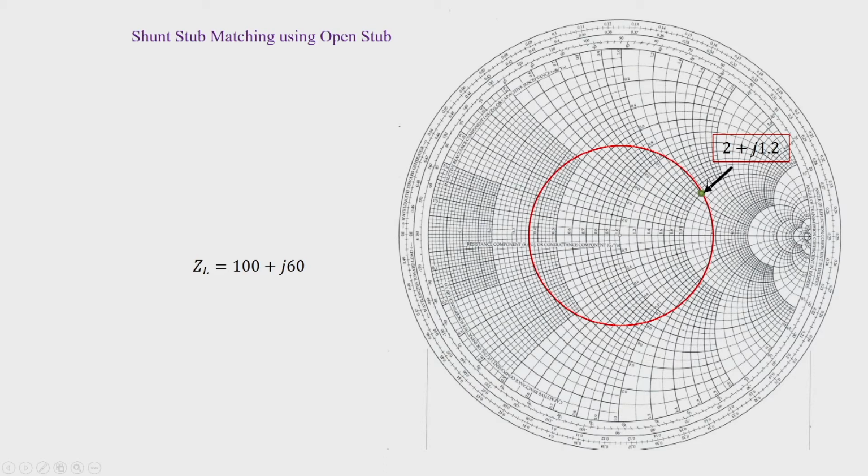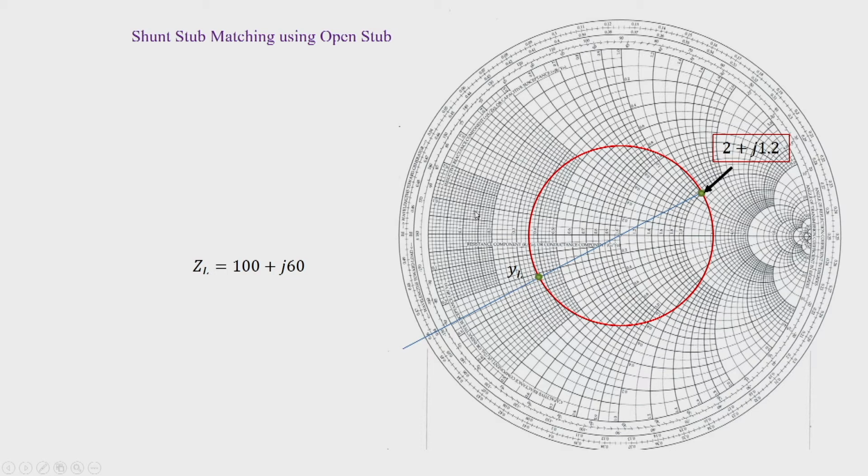Next, we draw the constant VSWR circle, pass this line through the center of the Smith chart, and then find YL, the normalized admittance.